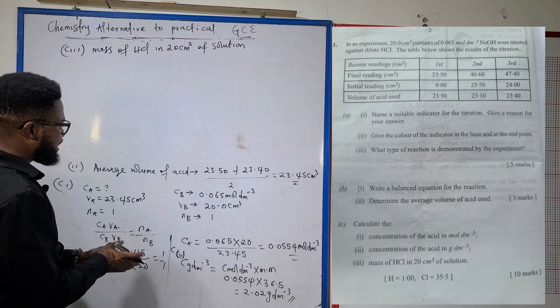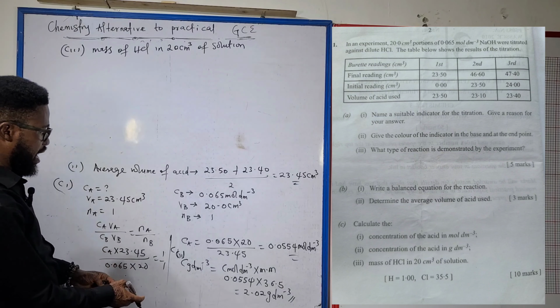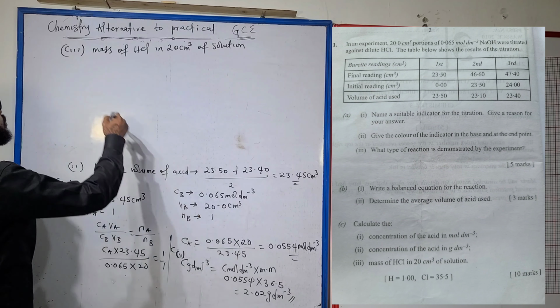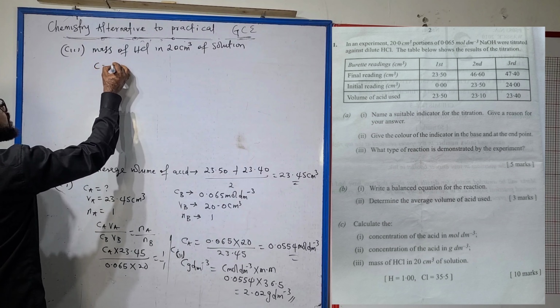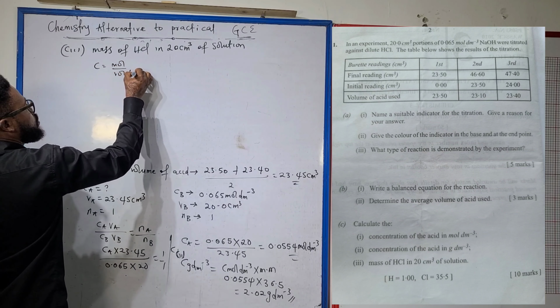Of course, since I already know the concentration of A in mole per dm cube to be 0.0554. Concentration normally is mole divided by the volume in dm cube.